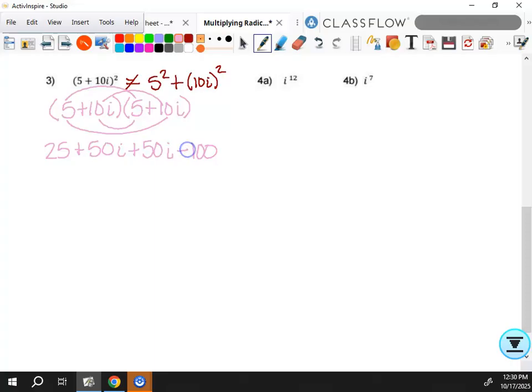So that's really minus 100. Okay? Write the extra step in there if you need to. If you don't, that's okay. Whatever, as long as it makes sense to you. So this is going to give me negative 75 plus 100i. Questions?